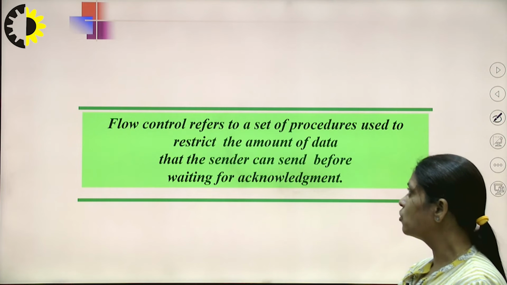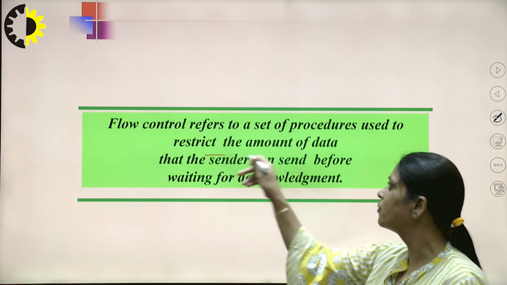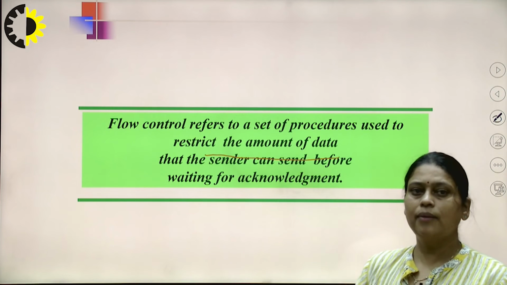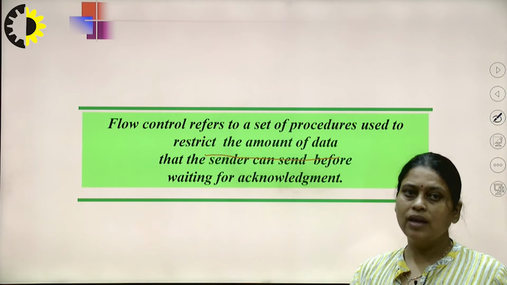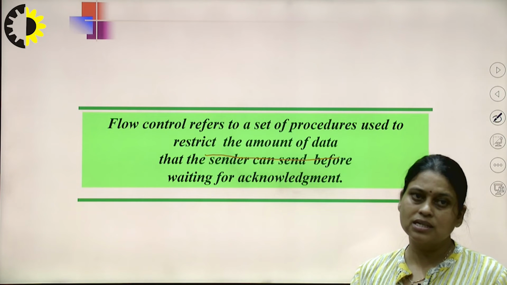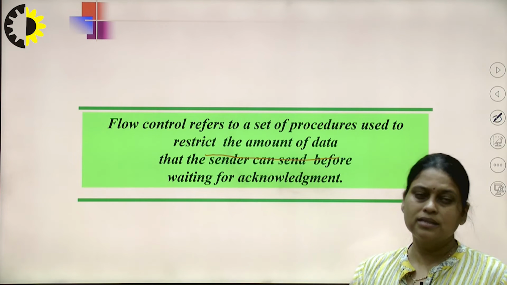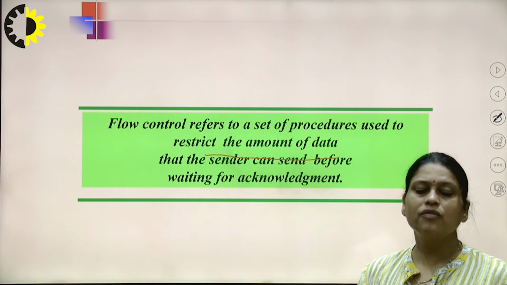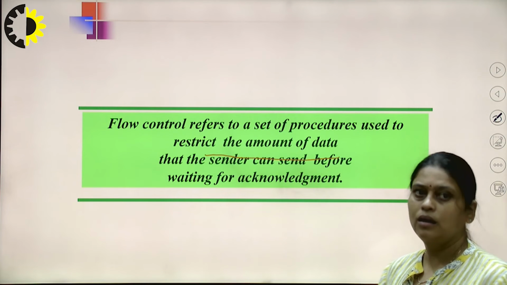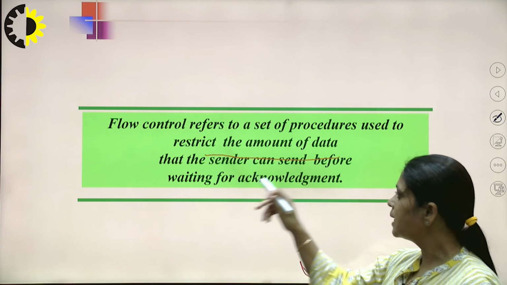For example, we send 1 or 2 bits at a time, so that the receiver can receive that amount of data without any failure, before the sender waits.